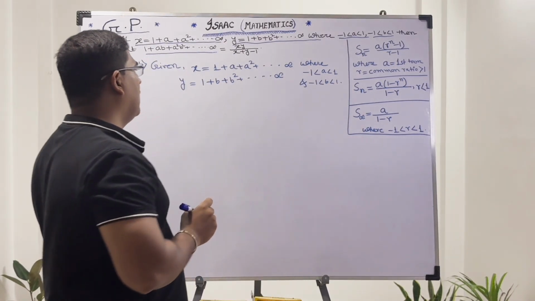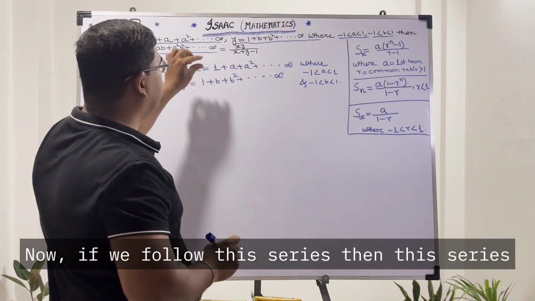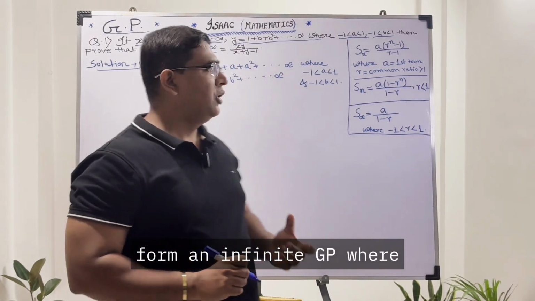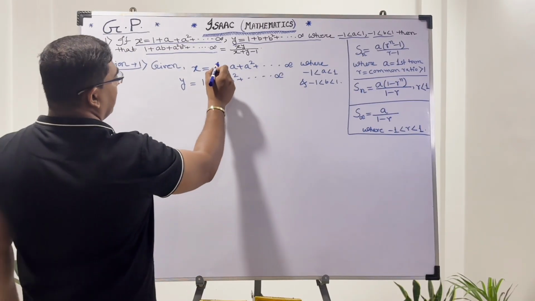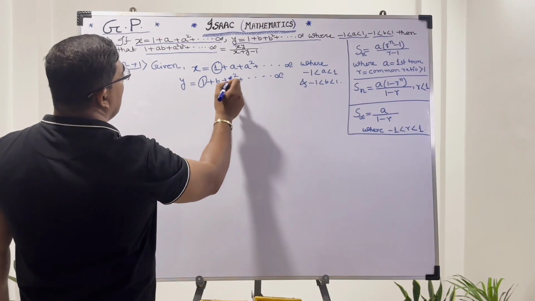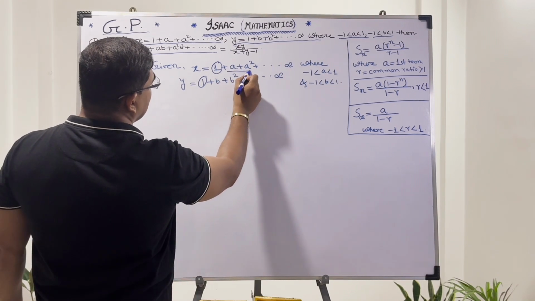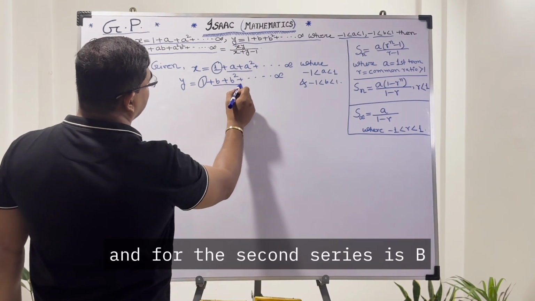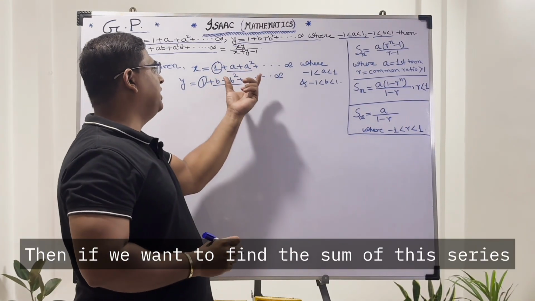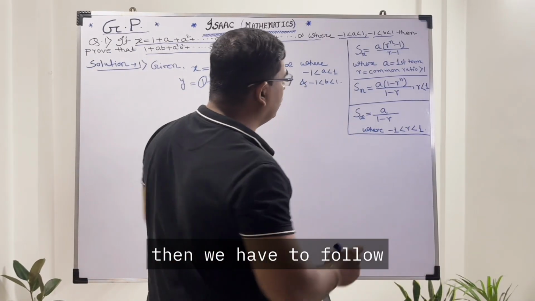Now, if we follow this series, then this series forms an infinite GP, where the first term is 1 for both of these series, and the common ratio for the first series is a, and for the second series is b.